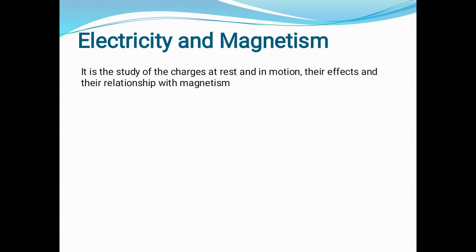It is a very common form of energy, and we can't imagine a life without electricity. Dear students, you are familiar with electrons, which are negative charges, and protons, which are positive charges. Note one more thing here: electricity and magnetism are related to each other. It means electricity can change to magnetism, and in return magnetism can generate electricity.